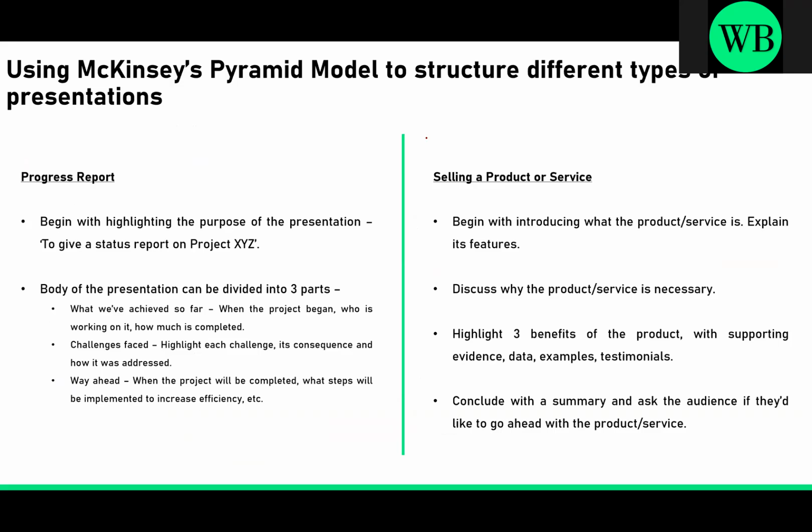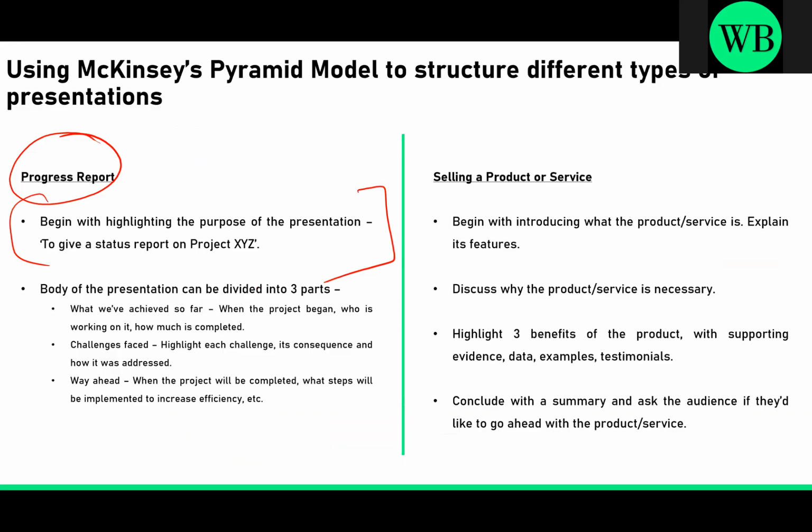Okay, now using the McKinsey pyramid model to structure different types of presentation, let's look at how you could do a progress report. Begin with highlighting the purpose of your presentation, which is you can just say, I'm here to share my progress with you.